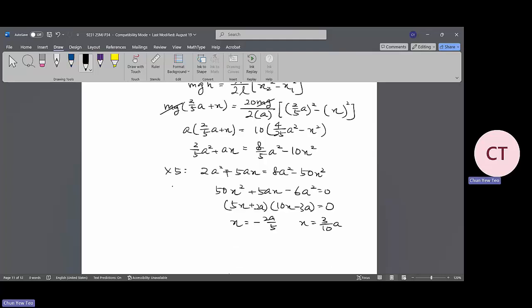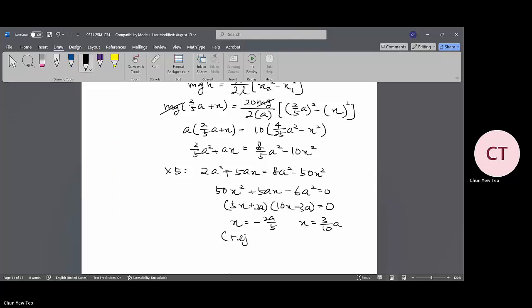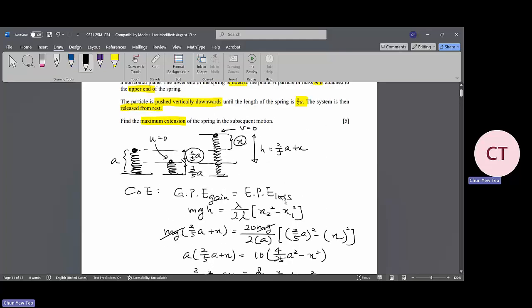For the negative value, it will be rejected. Therefore your maximum extension is equal to 3/10a. Done. This will be the answer for question number 1.